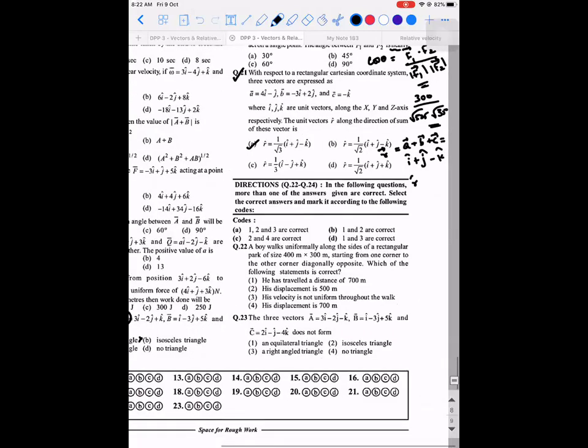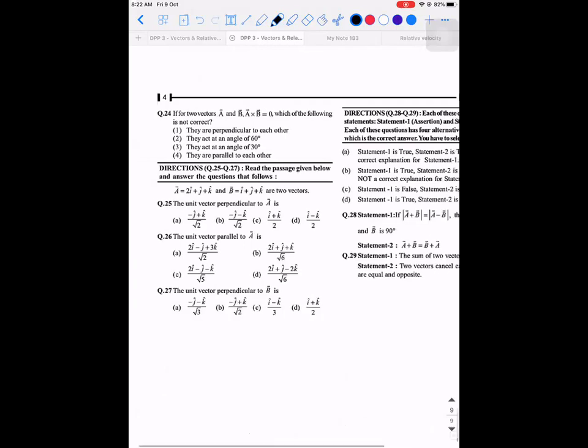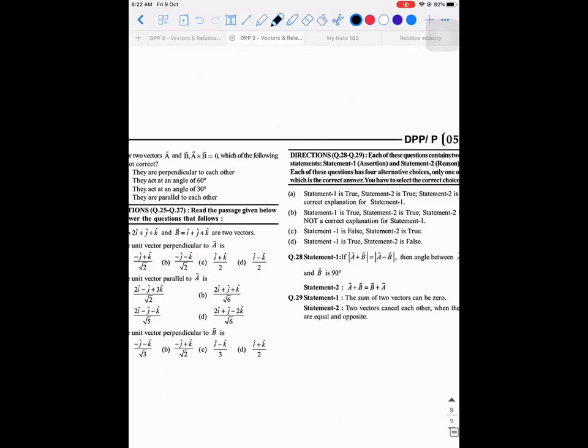So remaining problems are simple only. This part I can leave it to you, so you can try these problems. So I hope you're a little bit clear with vectors concept, right?